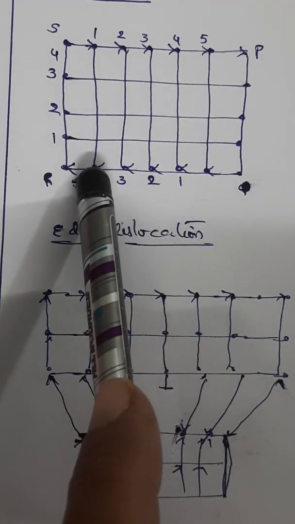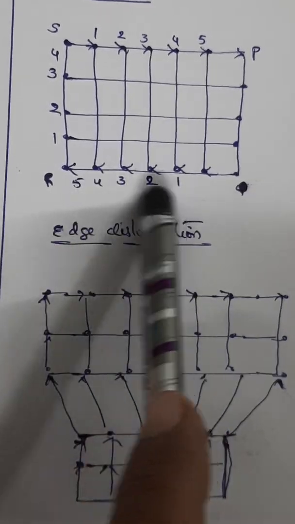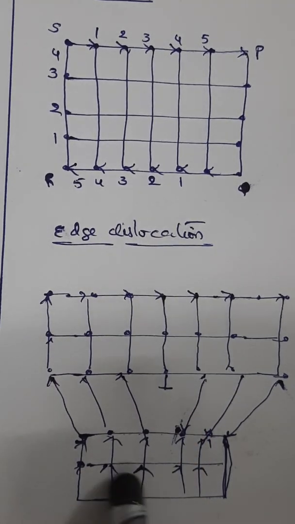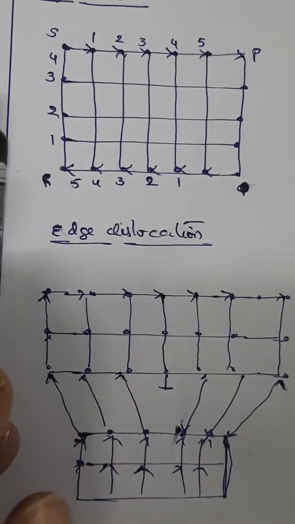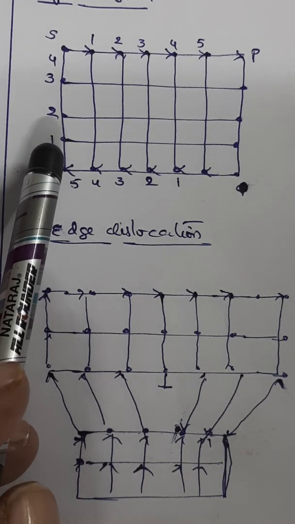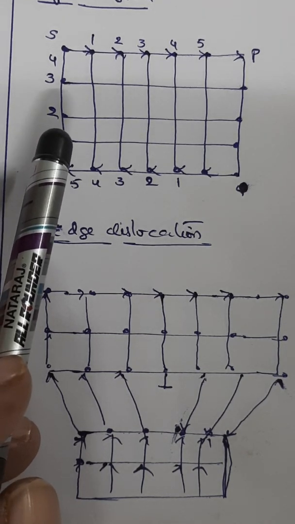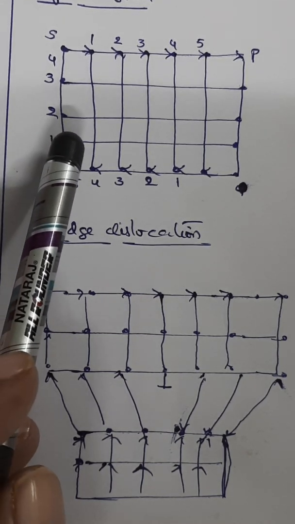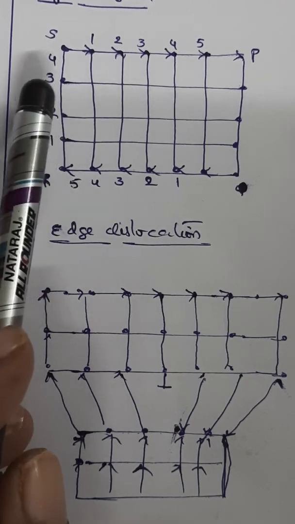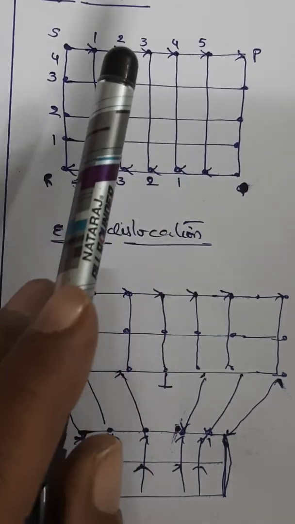This is Burger's circuit in a perfect crystal. This is Burger's circuit in an edge dislocation. Burger's circuit is nothing but the path traced by counting an equal number of atoms in the horizontal and vertical directions.